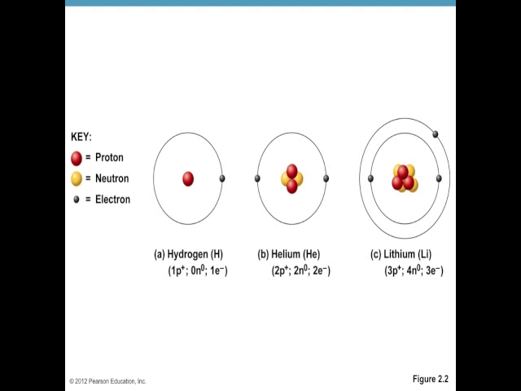For instance, a hydrogen is always going to be a hydrogen as long as it has one proton. Helium will always be a helium as long as it has two protons. Same thing with lithium. It will always be known as a lithium as long as there's 3 protons. It's the number of protons that affect the actual type of element that we are dealing with.